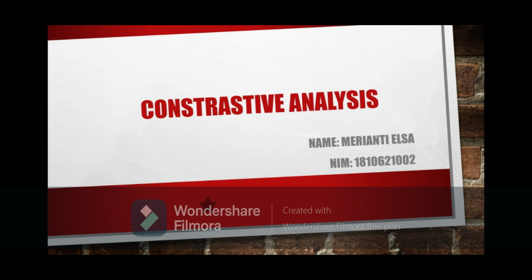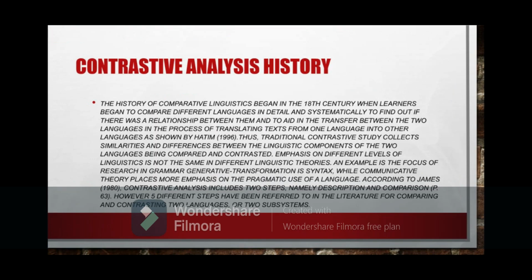The contrastive history. The history of comparative language study began in the 18th century, when learners began to compare different languages in detail and systematically to find out if there was a relationship between them, and to aid in the transfer between the two languages in the process of translating text from one language into another, as shown by Hatim, 1996.